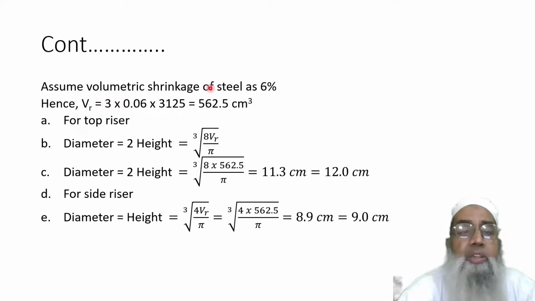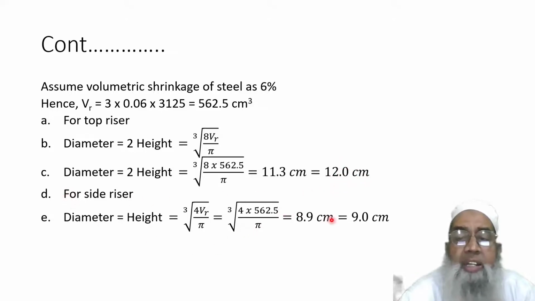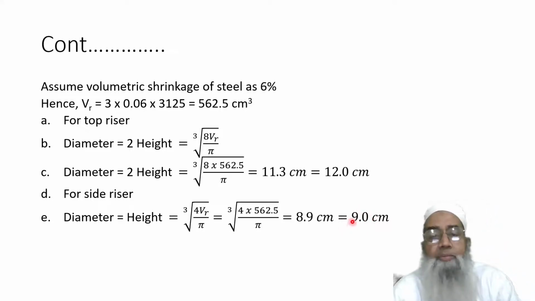Therefore it is multiplied by 3, and now we have this particular amount that should be there to act efficiently in the riser. For the top riser, we can have the equation, and it comes out to be 12.0, while for the side riser, it is about 9.0.